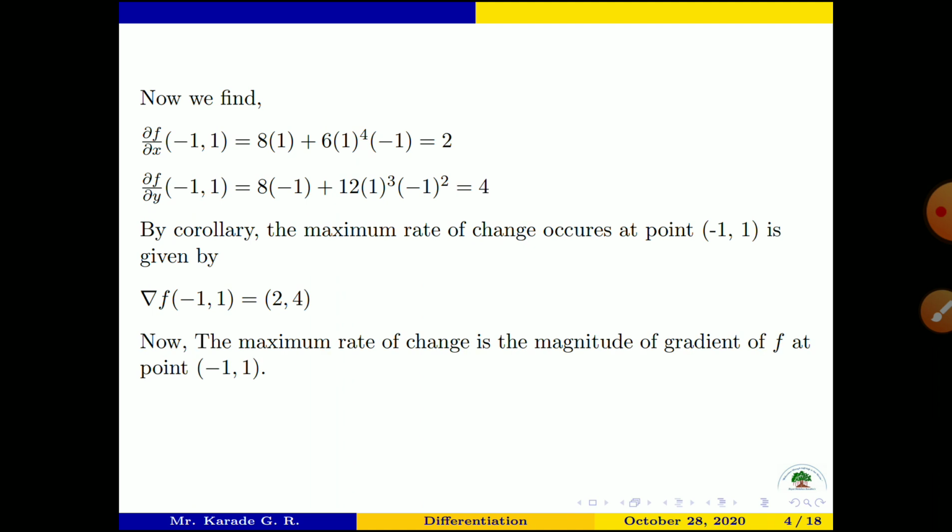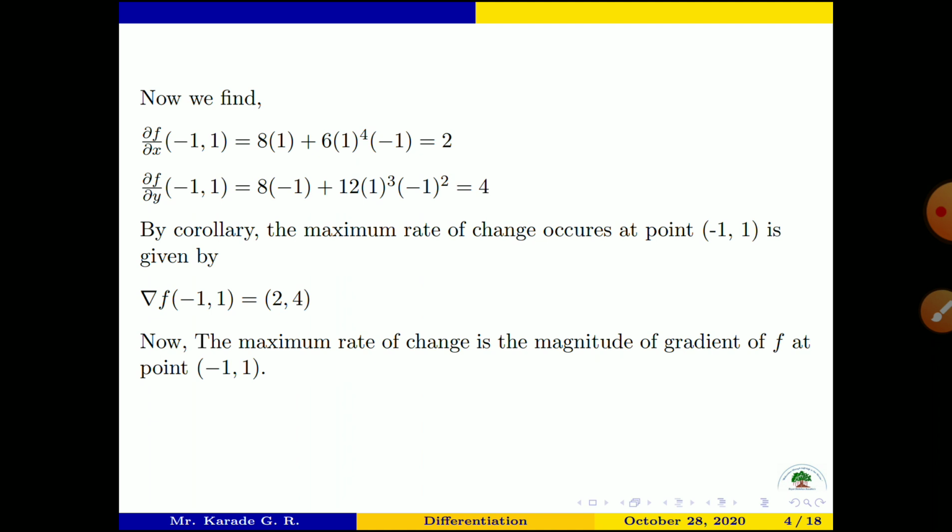Now the maximum rate of change is the magnitude of the gradient of f at point (-1, 1). So we find the maximum rate of change, which is nothing but the norm of the vector gradient of f at (-1, 1).